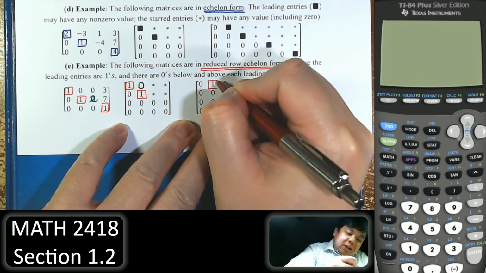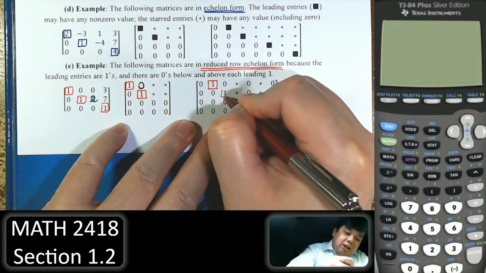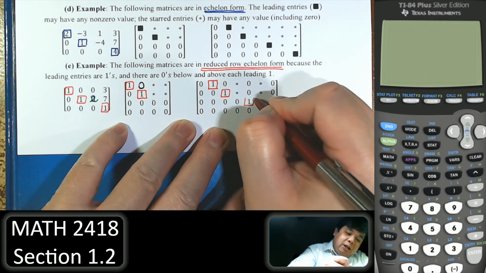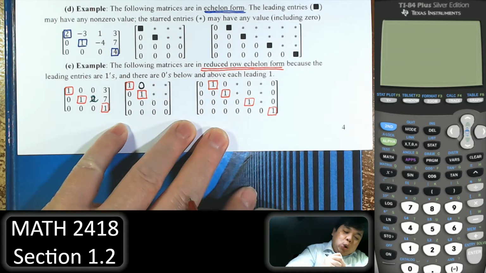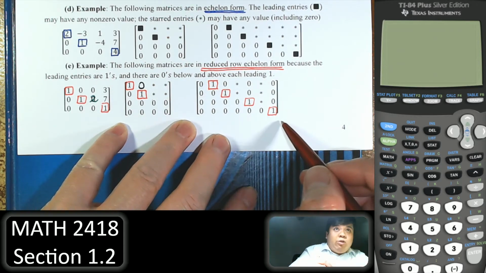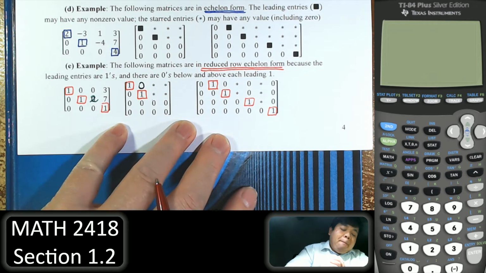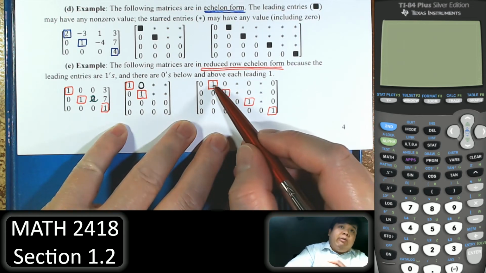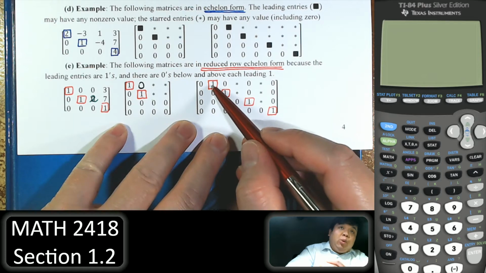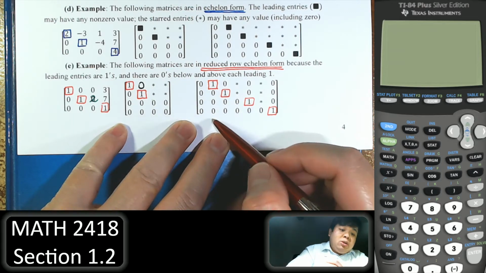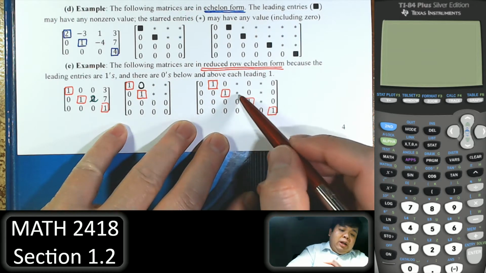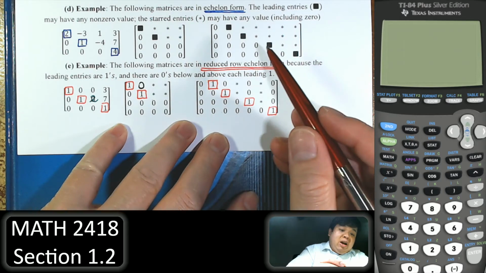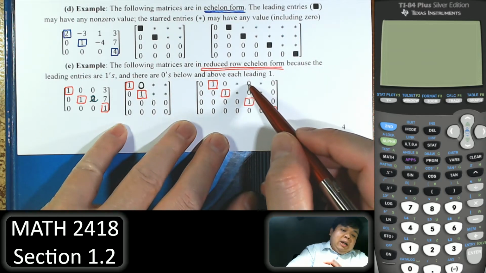Next one. First non-zero entry. This is the first non-zero entry. Alright. Good. They align in echelon formation. And for every pivot column, we only have 1, everything else is 0. This is not a pivot column, doesn't matter. This is a pivot column.